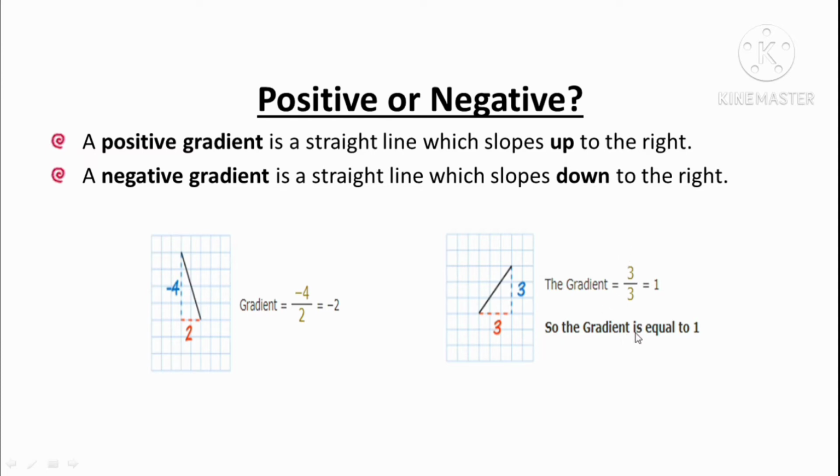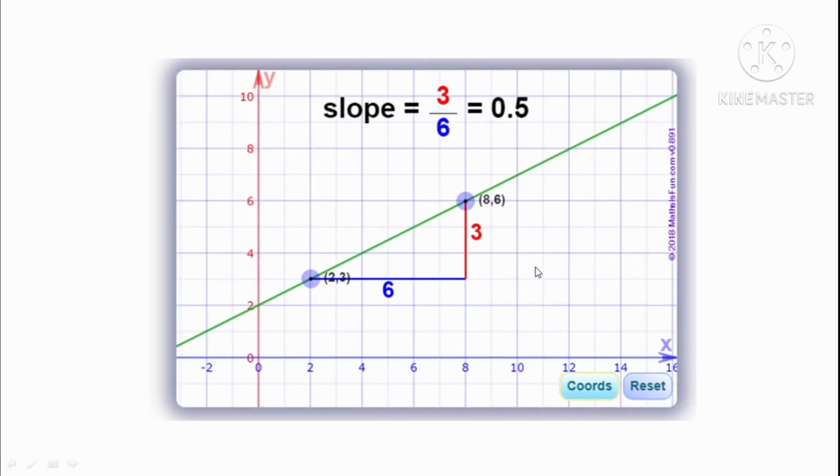So the gradient is equal to 1 as shown here. You can also count the boxes here if you want to determine the gradient. So for this example, we have the coordinates here. x1 is 8 and y1 is 6, and this will represent x2 and this will represent y2.